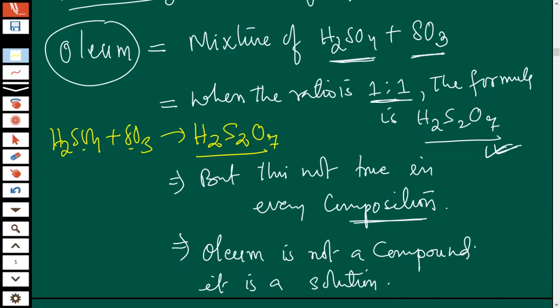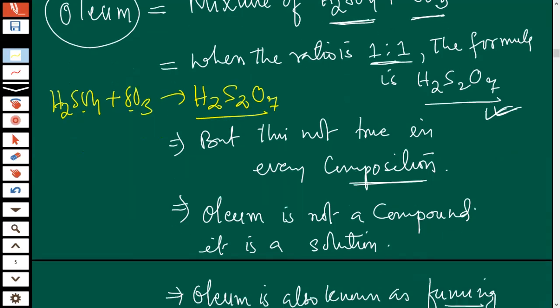H2S2O7. Why? Because oleum is not a compound. Oleum is not a compound, children. It is a solution.